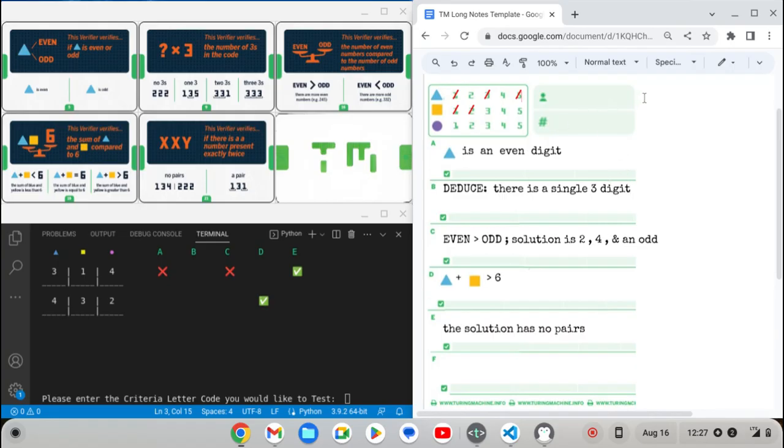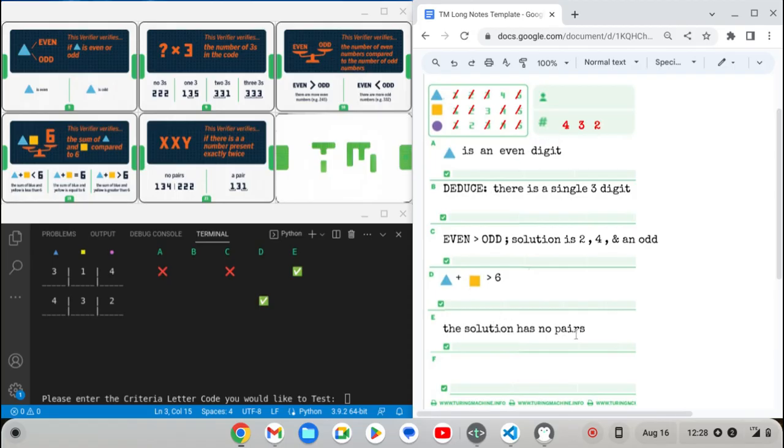So let me go ahead and cross out the 2. And so I'm going to cross out the 4 and the 5. And then, of course, that would leave us with the 2 for circle. So I believe the solution should be 4, 3, 2.